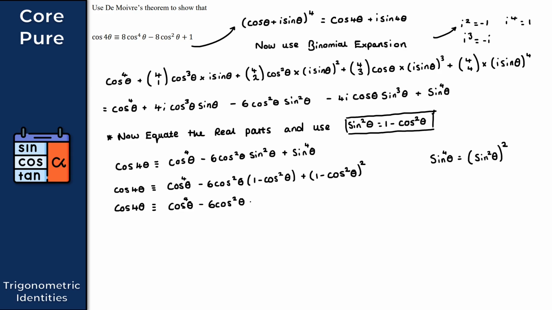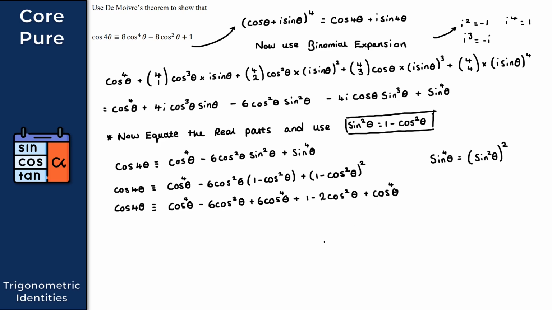So we get plus 6 cos theta to the 4, like so. We've then got 1 minus cos squared theta all squared. So this is just expanding double brackets. If you expand these double brackets, what you should get is 1 minus 2 cos squared theta, and then finally plus cos theta to the 4.